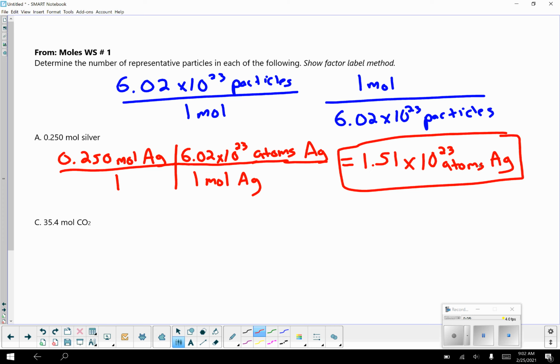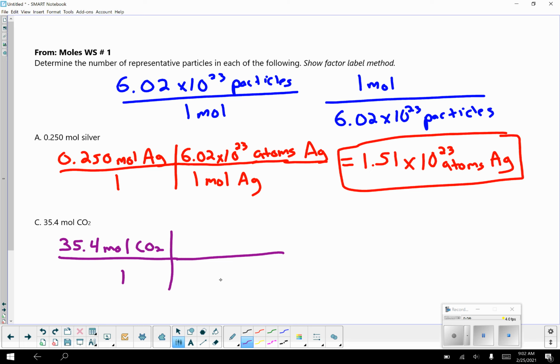So one more example of this. We'll start with 35.4 moles of carbon dioxide and convert that to particles. Take what you're given, 35.4 moles of CO2, put that over 1, and set up your conversion.